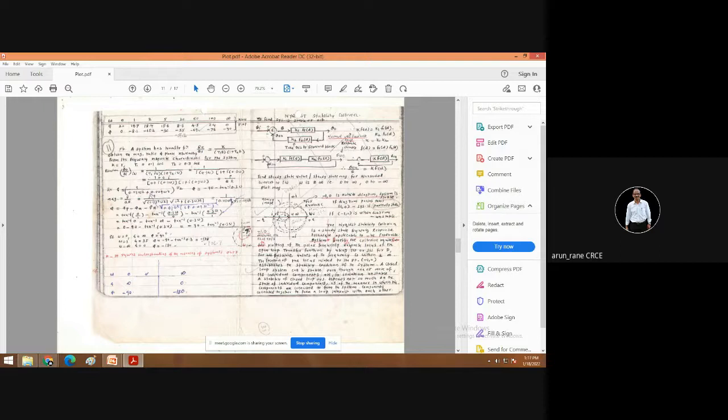That is what is called minus 1 comma 0 being within the diagram. Then your system is unstable. So if minus 1 comma 0 is outside the plot, then the system is stable.